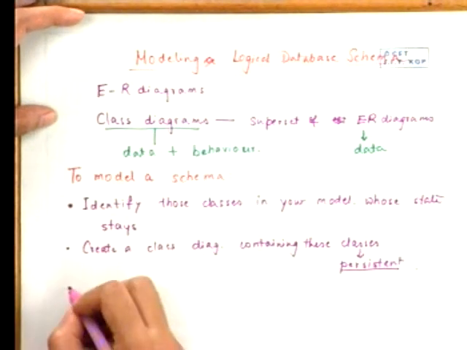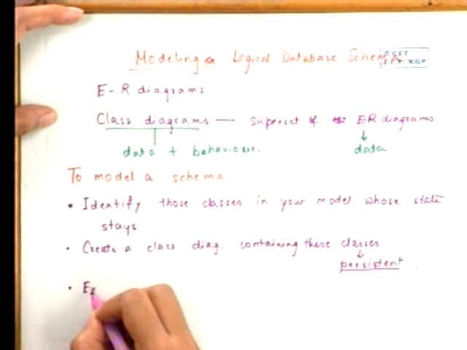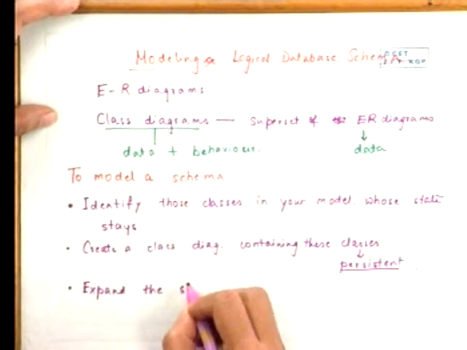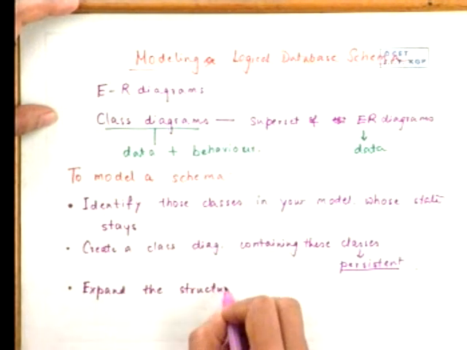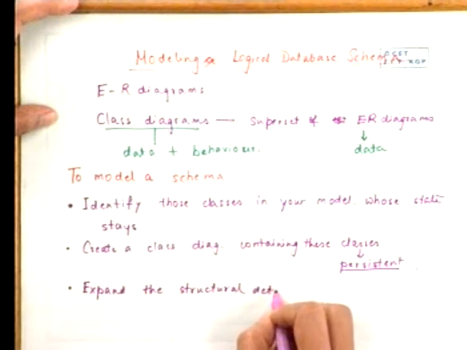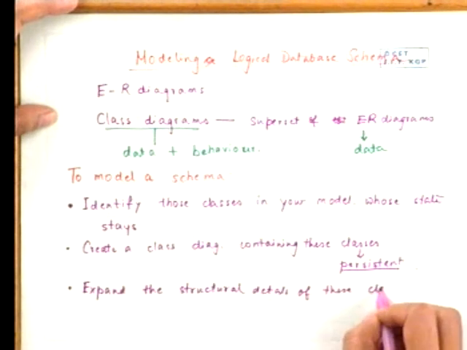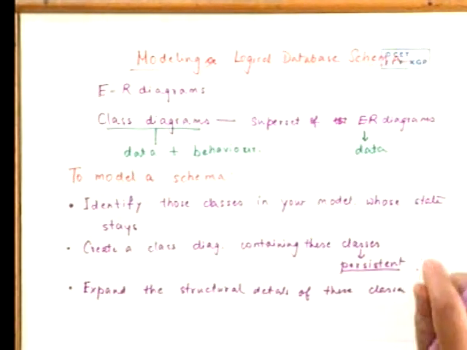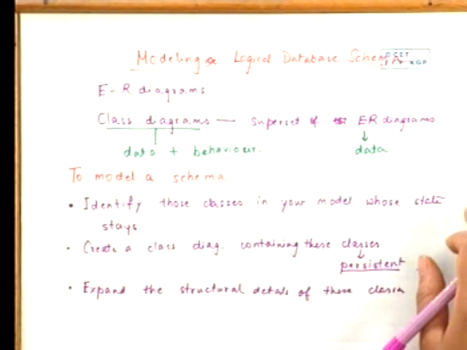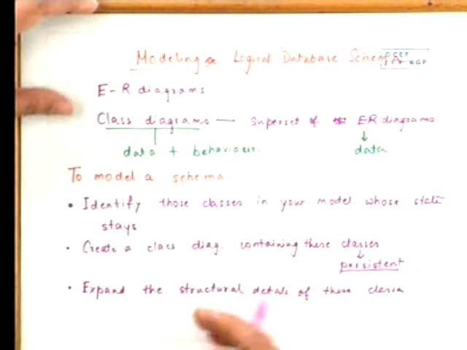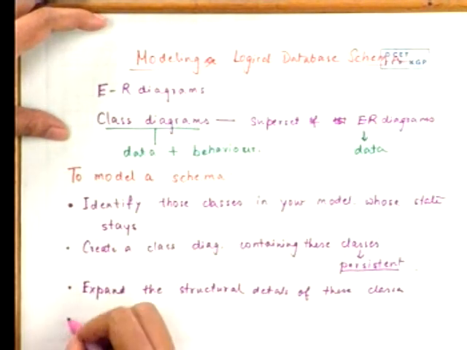The third step is to expand the structural details. That is, look at what should be the attributes of these classes, look at the operations defined on these classes, the relationships, the cardinalities, and the structure of these classes.